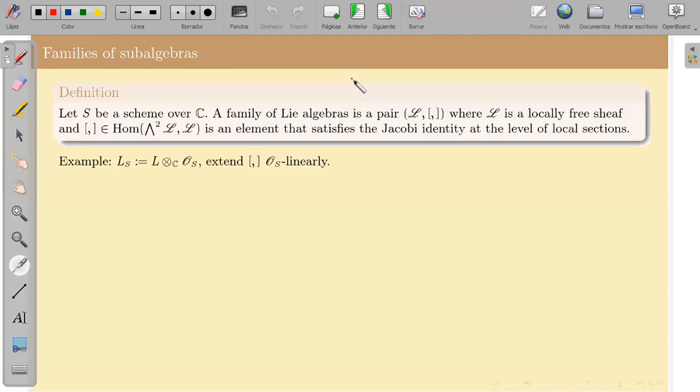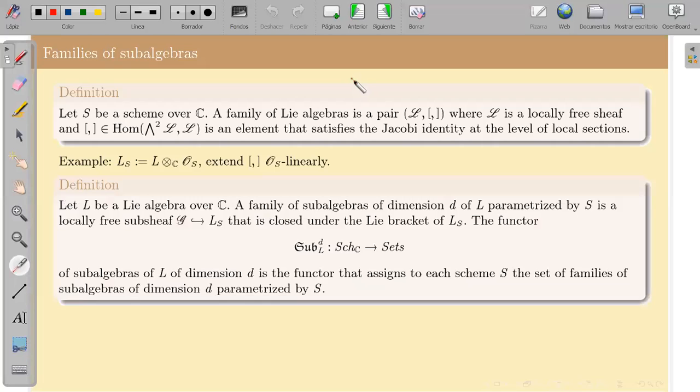In the language of deformation theory, this would correspond to abstract deformations, and we will not work with abstract deformations. We will work with embedded deformations. So this will be our trivial abstract deformation of L. The idea that corresponds to embedded deformations is the following.